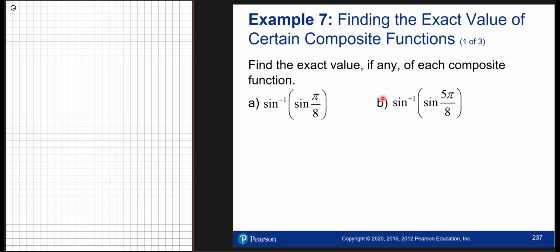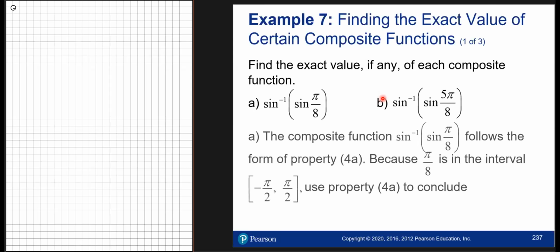All right, we'll look at the second one in a second. All right, the composite function follows the form of property A because pi over 8 is in the domain. Then you can use property A to say that it just takes you back to pi over 8.